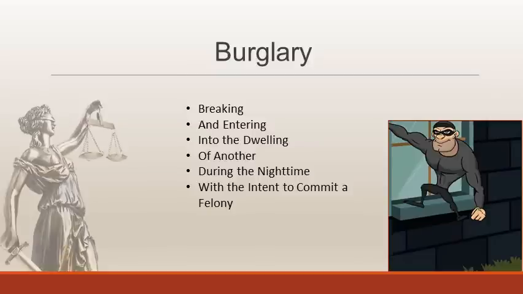That means that when you broke through the door and entered the home, you had the intent to commit a felony. At the time of the breaking and entering, you had the intent to commit a felony.